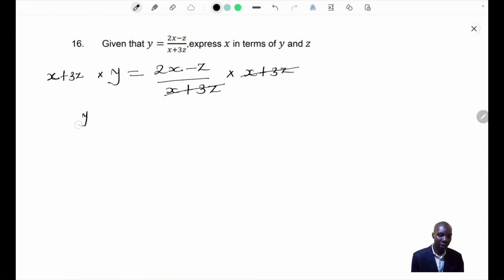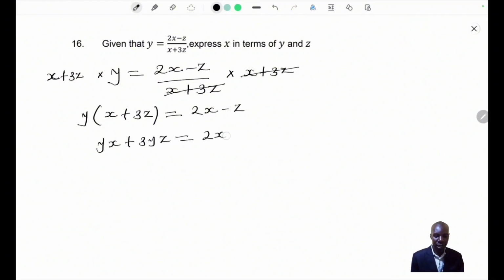So on the left hand side, we are left with y in bracket x plus 3z should be equal to 2x minus z. Our aim is to make x the subject of the formula. So that will be yx plus 3yz should be equal to 2x minus z. Then from here, we collect the like terms.